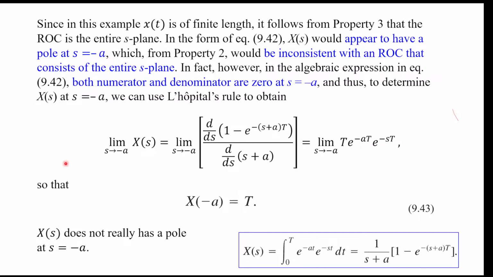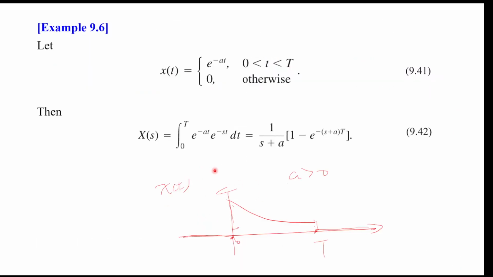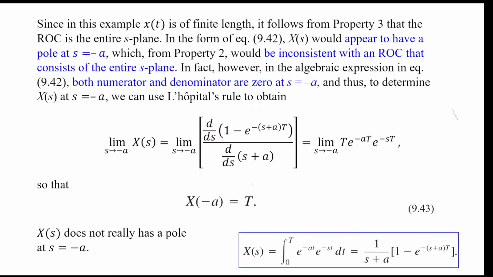Then you take s to minus a, the exponential part cancels out, and you have X(minus a) equal to T. You can also check that from the integration here. When s equals minus a, you are just integrating 1 over this interval from 0 to T, so the integration should be just big T.